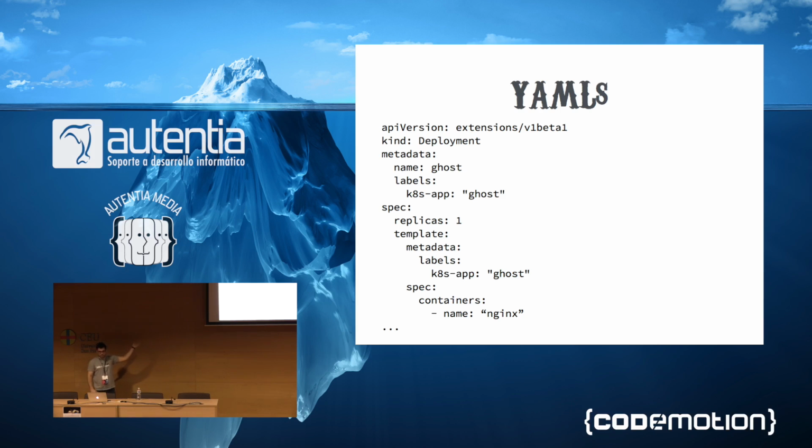This metadata is going to be usable later if you want to query for it. And you specify a template of what you are going to run. In this case, I am just showing that we are running a container named Nginx, but if you keep reading, it's going to say, okay, I am running this container, and I am running as well a container for Ghost, and then in another template, you are going to run your MySQL.